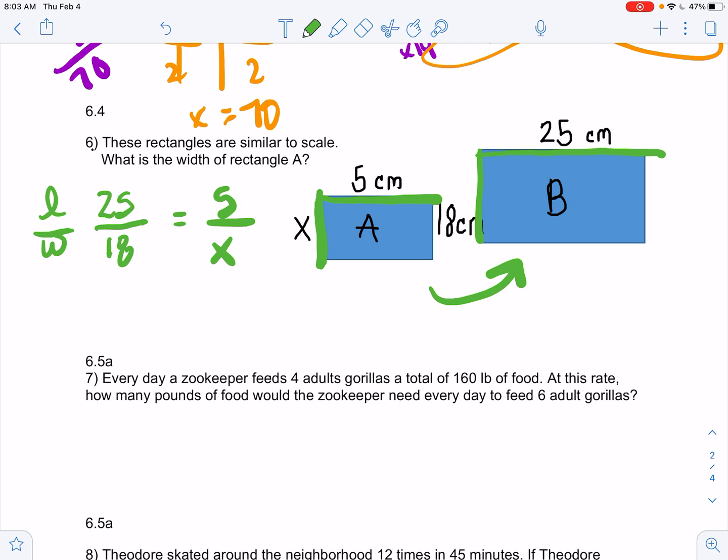Here there is a relationship. Can you get 5 to 25? Yes, times 5. So then you're going 25 divided by 5 is 5.